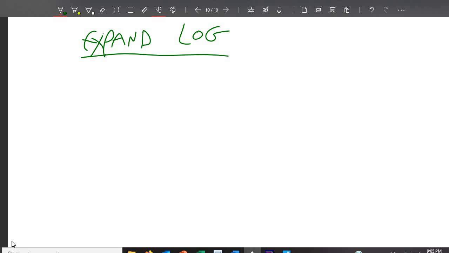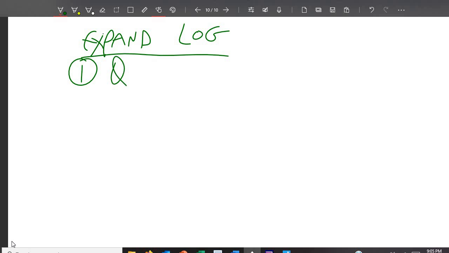Now, let's do a few more of those, and then there's a certain order you're supposed to do these in. But let me just go ahead and do it. What this is called is expanding logarithms. To expand logarithms, you do the following.